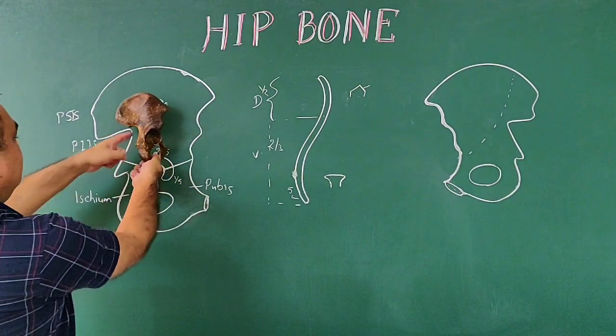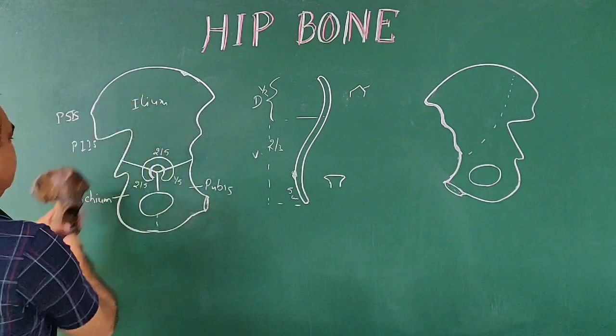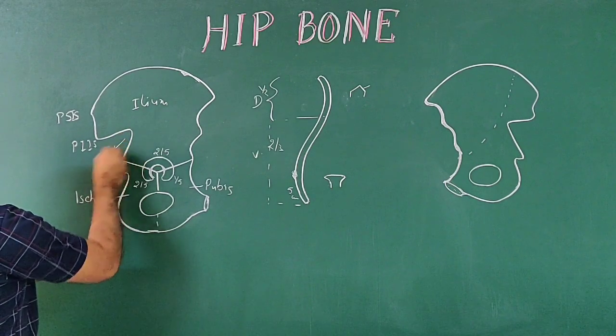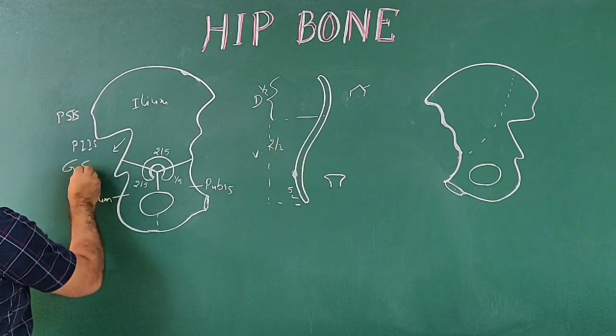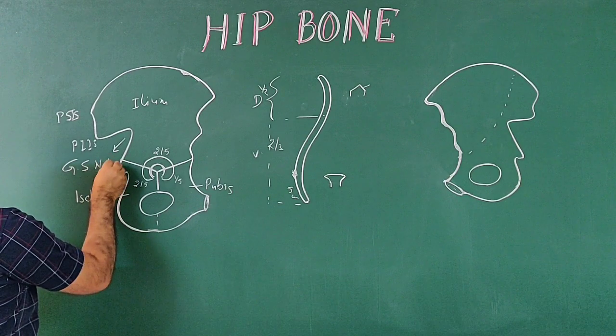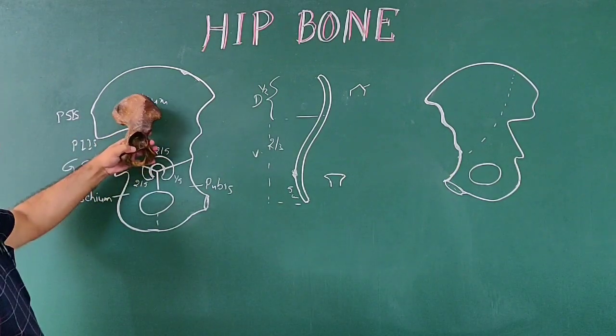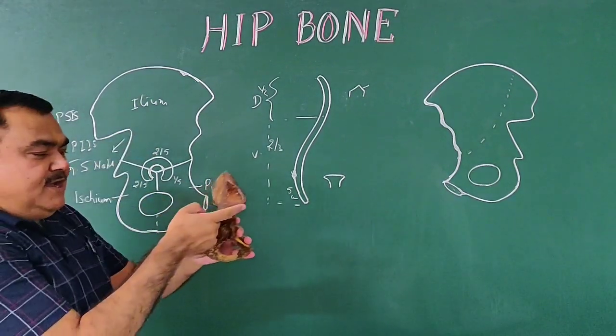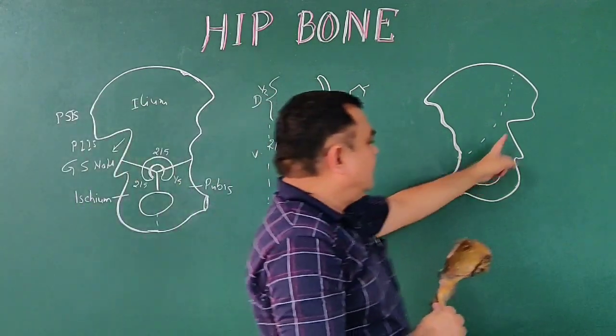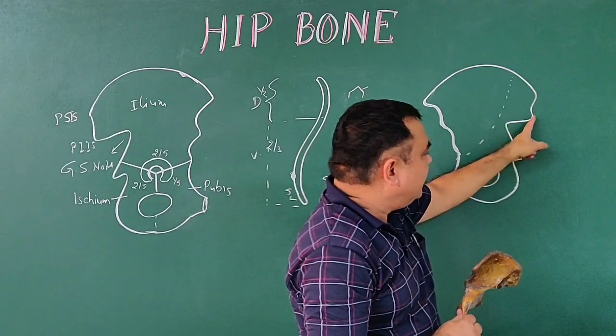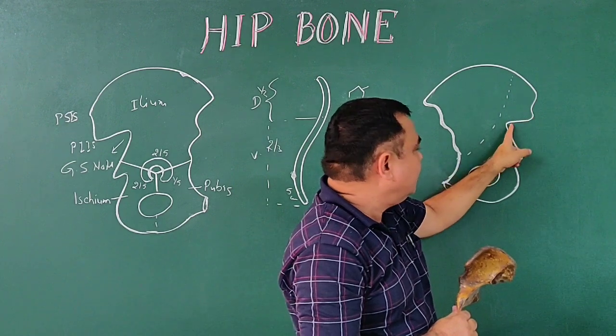If you see, this is the greater sciatic notch. So it has the anterior border, the posterior border, the posterior superior iliac spine, the posterior inferior iliac spine, and the greater sciatic notch.